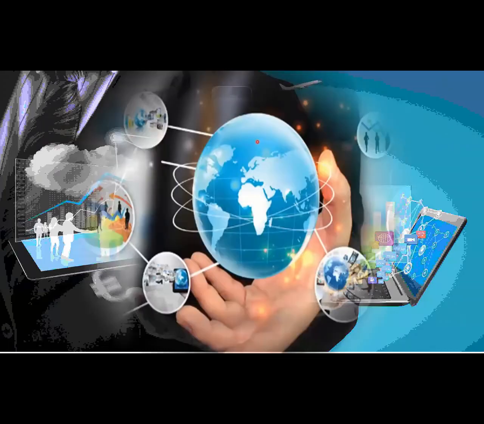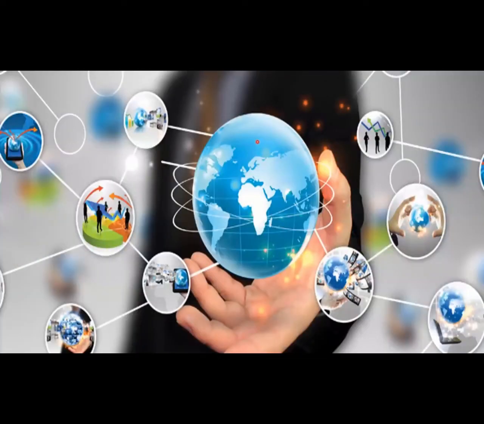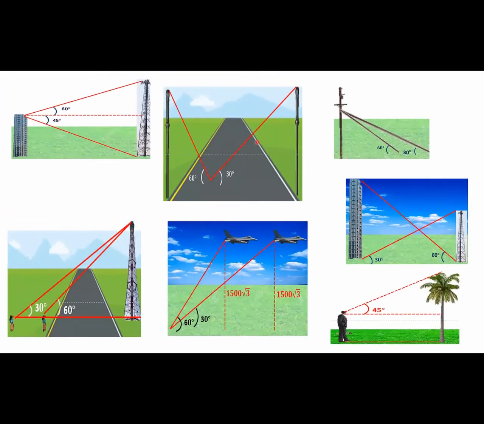Even today, most of the technologically advanced methods used in engineering and physical sciences are based on trigonometrical concepts. Even in many aspects of our daily life, we unknowingly use trigonometry.